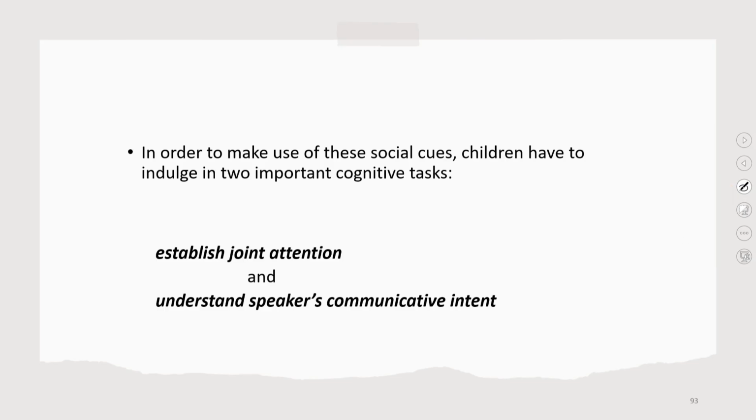Both of these are crucial in using social cues to understand word meaning. So, even though I have written here establishing joint attention, it is understood that we are also talking about responding to joint attention. Both IJA as well as RJA will be utilized. The second is to understand the speaker's communicative intent, what the person is trying to say.